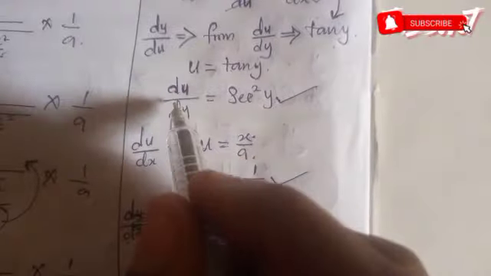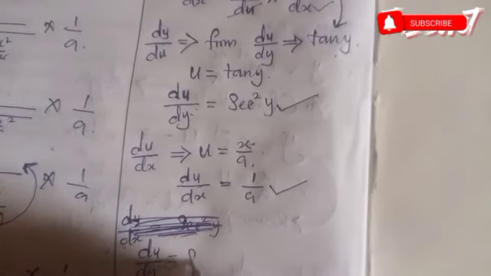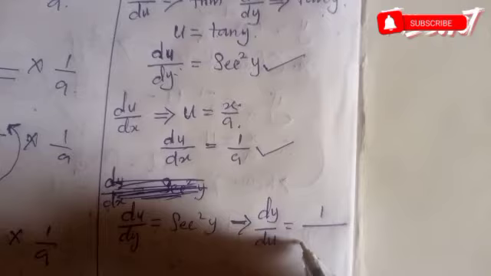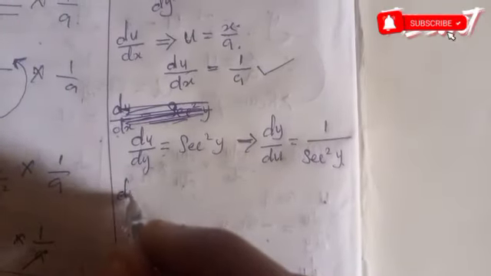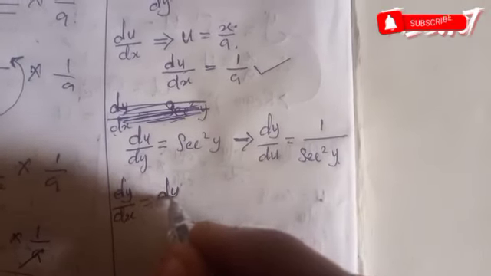This is our du dy. So you change this, our du dy equals sec square y. So you change it to what? dy du. So it becomes 1 over sec square y. Do you get that now? So from our formula, dy dx equals dy du. That was why I changed it.